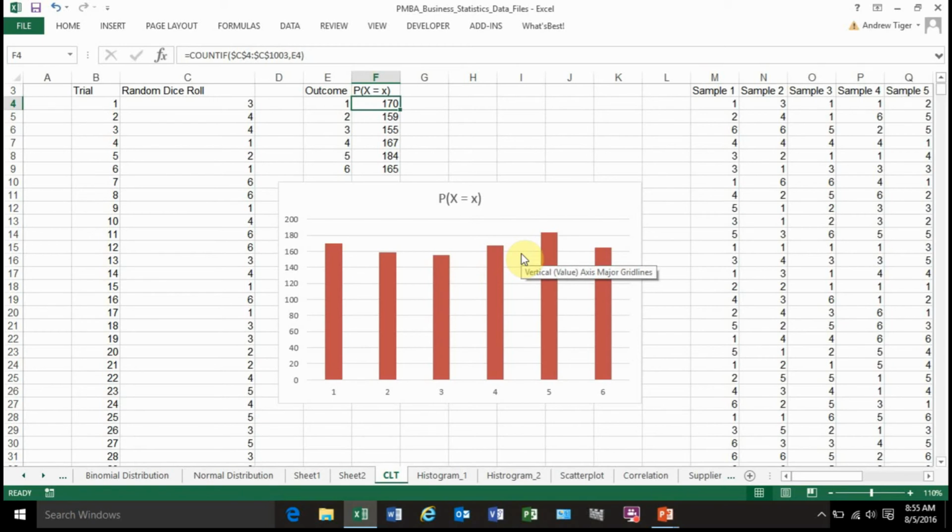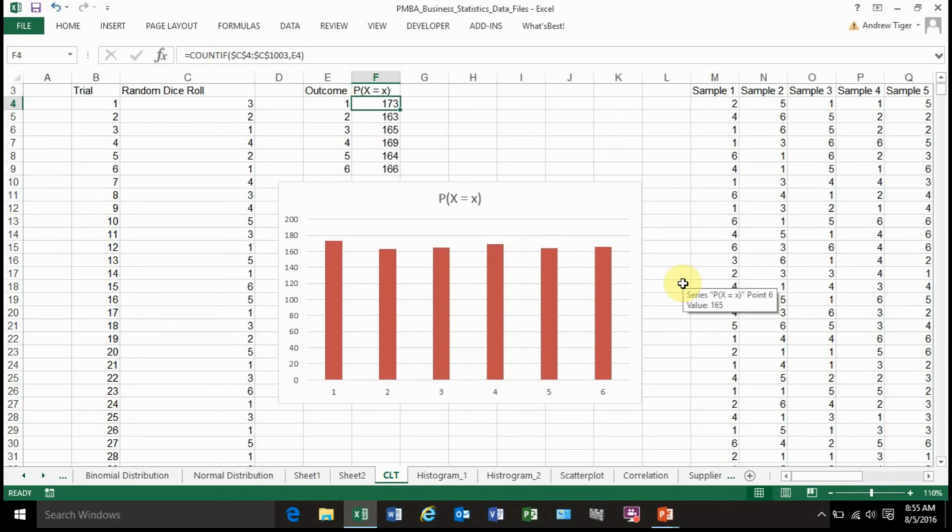The number of 4s is approximately equal to the number of 3s that we get. And we could rerun this to get a different one, and we could run it again and run another 1,000 and another 1,000. And all I want to show you is that although they're bouncing around, highs and lows, because of variability, we do have this uniform distribution.